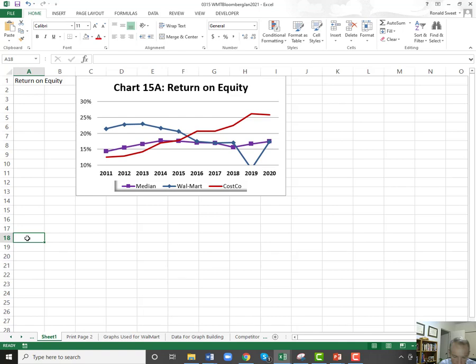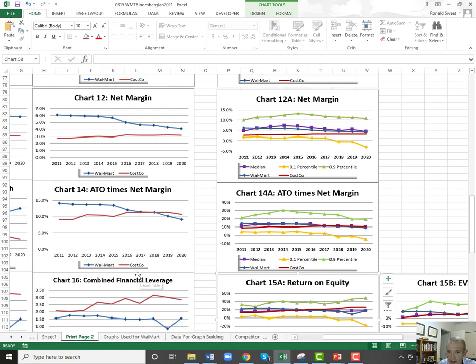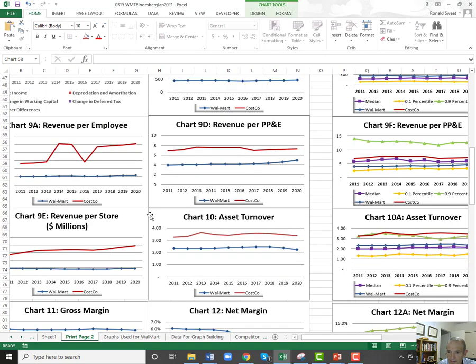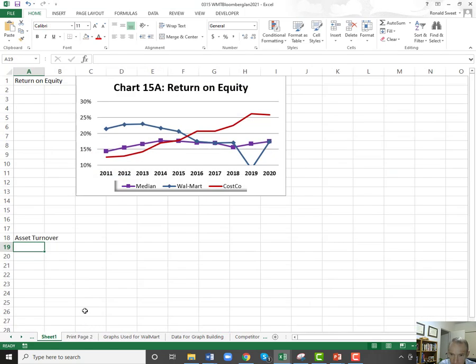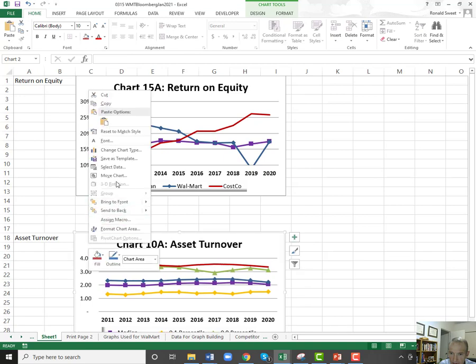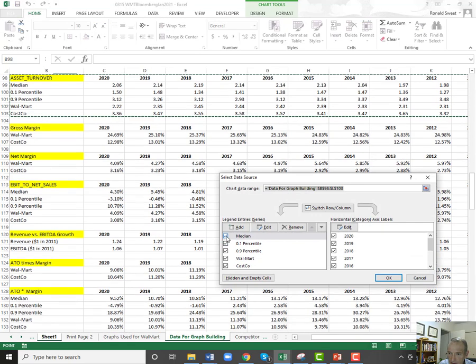So let's look at the components. So we have asset turnover. You go back to print page 2 and you go find asset turnover. Here's asset turnover. I'm going to bring that over.